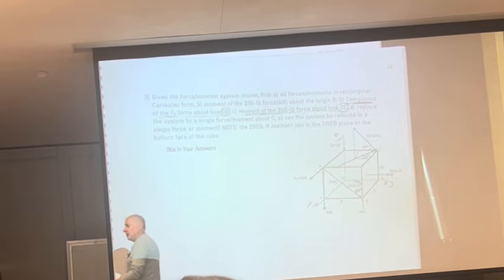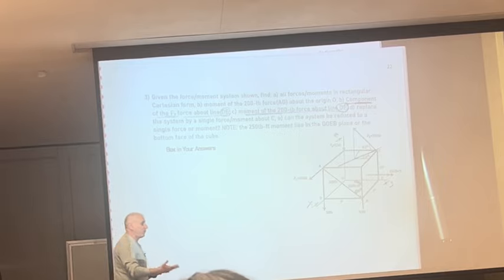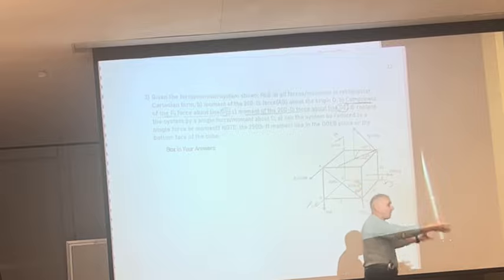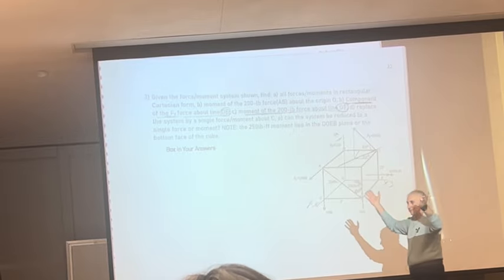Question number 3 of problem number 3. Tell me the component, or project this force, no matter what the force is, F1, F2, F3, some force, about some line. In this case, it was DE. On your test, it won't be DE, it will be something else. AB, AC, DE, whatever.